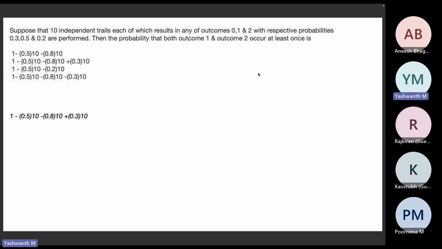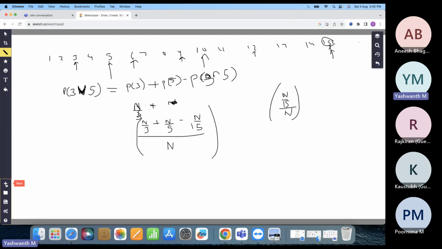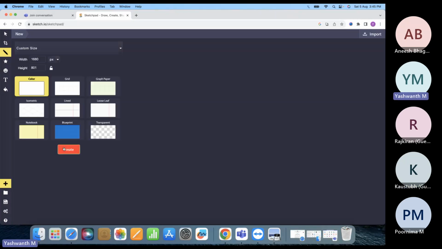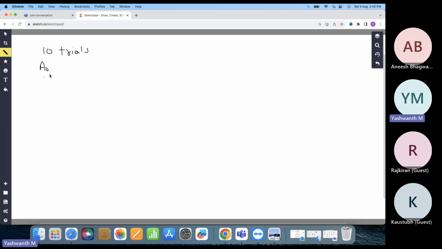right? So I think it's better if we do this on the sheet. Okay, so we are given you're performing 10 trials and you have outcomes 0, which I'm denoting by A0, outcome 1, A1, outcome A2.